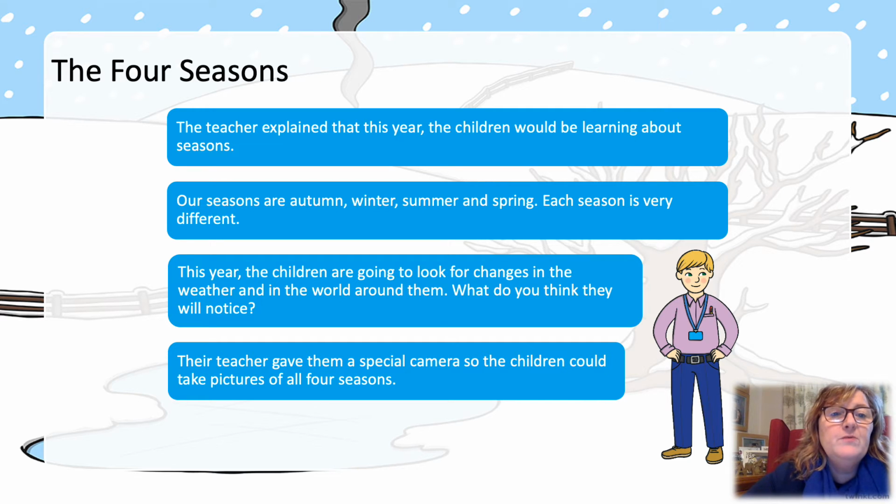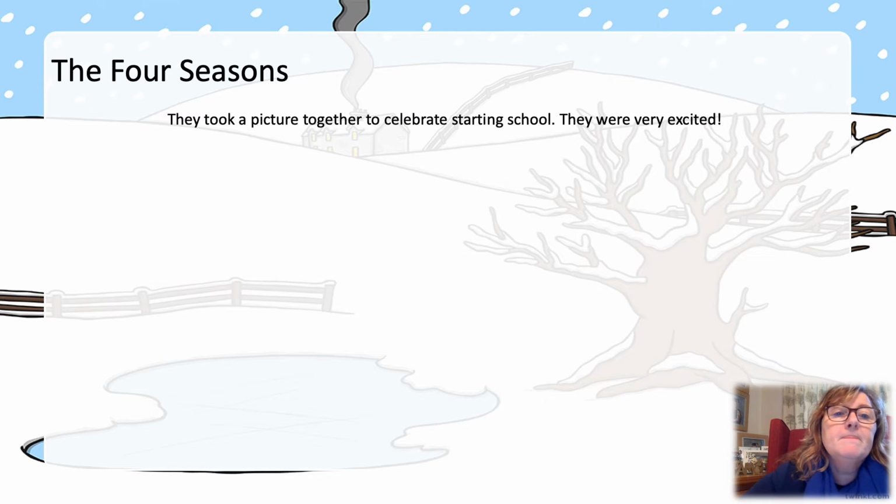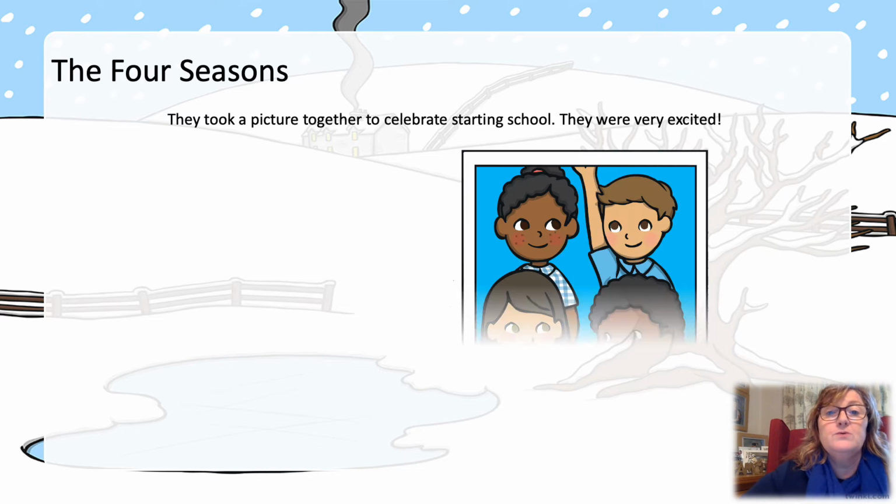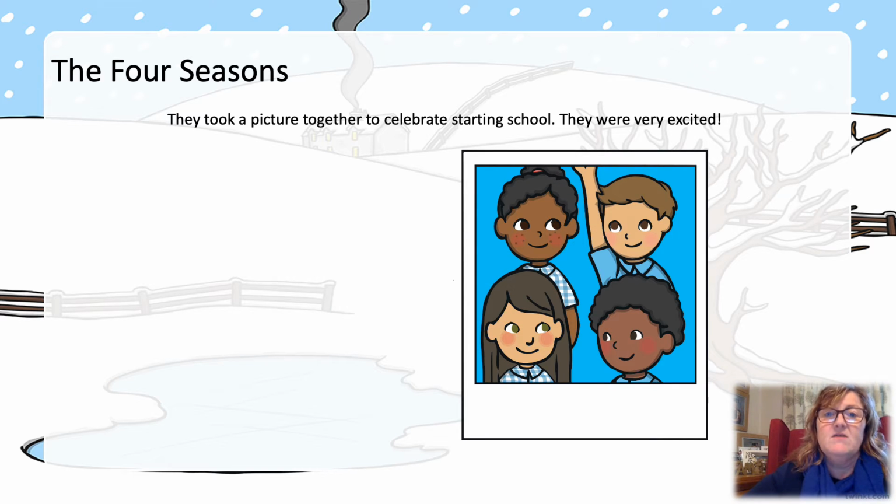What do you think they will notice? The teacher gave them a special camera so the children could take pictures of all 4 seasons. They took a picture together to celebrate starting school. They were very excited. I bet your grown-ups at home took a picture of you when you started school.